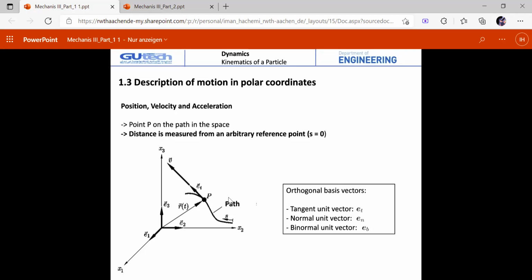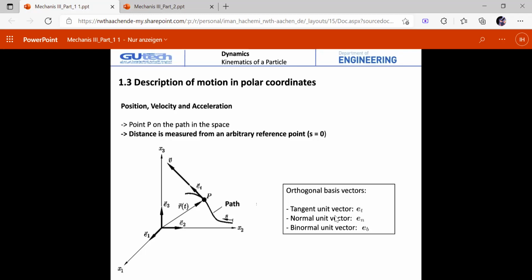Instead of using the orthogonal basis vectors A1 in the direction x1, A2 for the direction x2, and A3 for the direction x3, we use the tangent unit vector ET, which is always tangent to the path. And this will correspond to the velocity, because we said always that the velocity is tangent to the path.